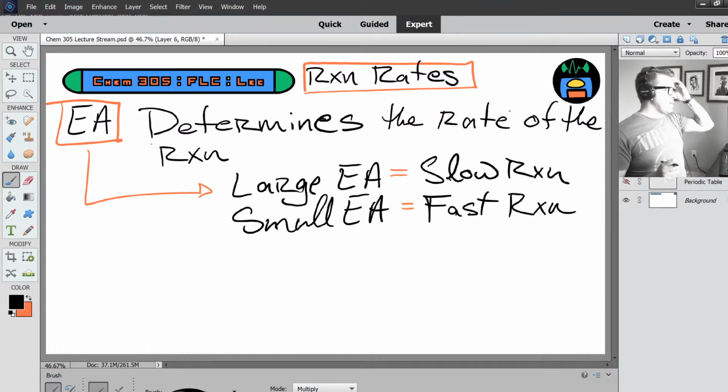All right, so that is how energy of activation influences reaction rates. That is the biggest factor.